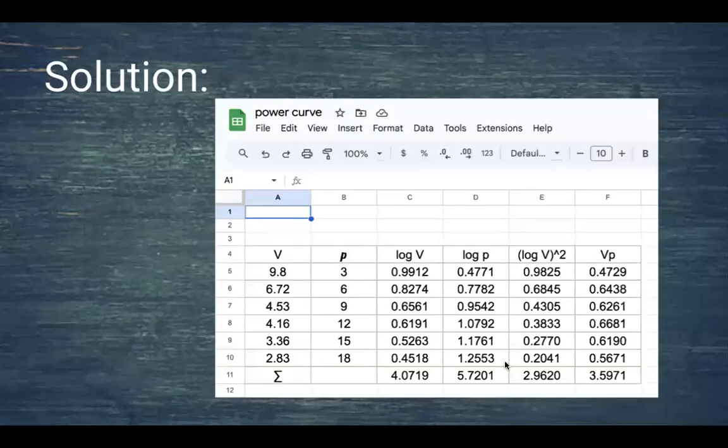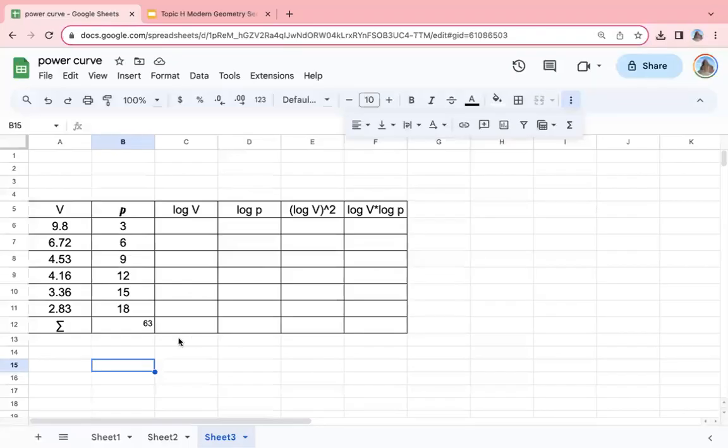Let me share my secret on how I got the values easily. You've noticed I am using a Google spreadsheet. How did I obtain these values? First, I encoded the data, making sure it's in vertical arrangement, with the volume and the pressure P. Next, we have to determine the log values for the volume.